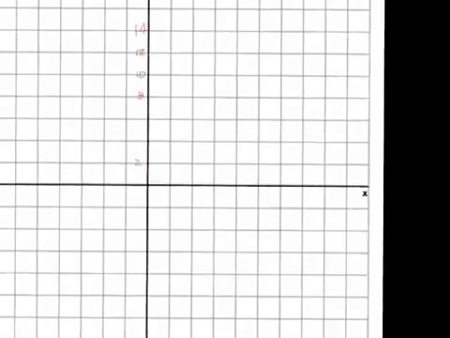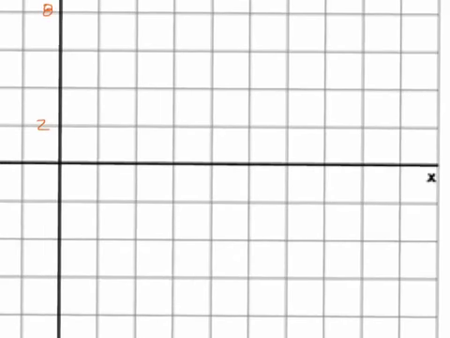So we go over 2.5, there's the vertex. And then we have to go up 13 1/4 from there. 13 is right here. So just below it is going to be 13 1/4.